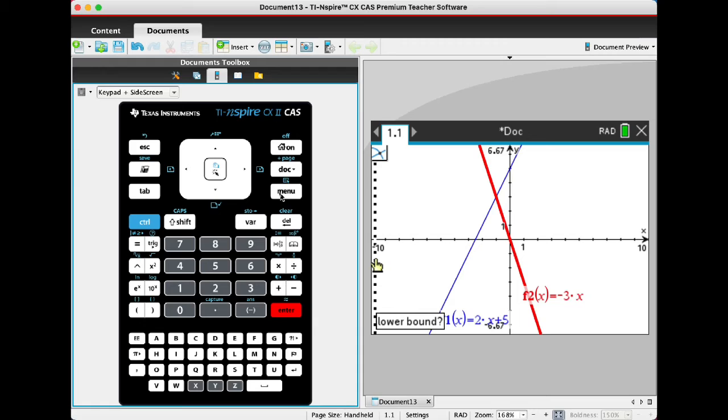You can see a little dotted line with lower bound has come up. I can move that with the arrow keys. Now, what I want to do is move that to some spot which is before where they intersect. So I'm now before. When I've done that, I press Enter. Now it's changed to upper bound, so I move to some spot after the lines cross.